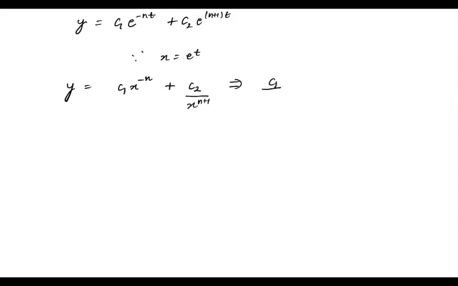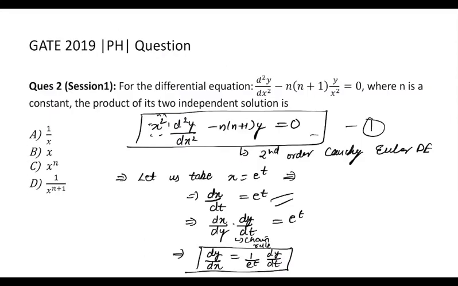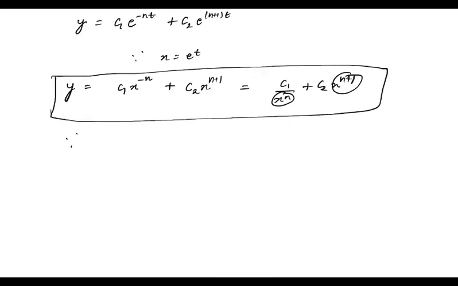Sorry, there is a mistake, pardon me, it will become c2 x to the power n plus 1. So we have got the solution of this differential equation, and the two independent solutions are 1 by x to the power n and x to the power n plus 1. And we have been asked in the question, what is the product of these two independent solution?